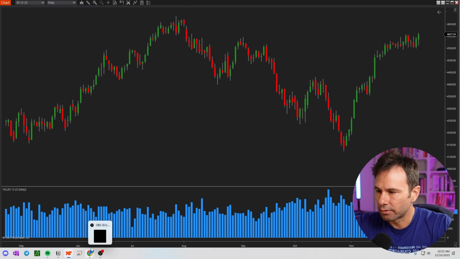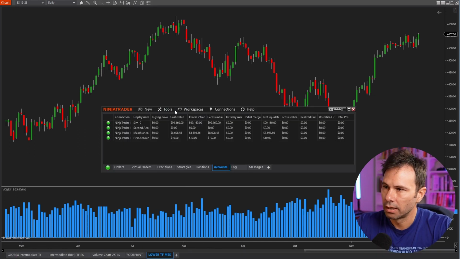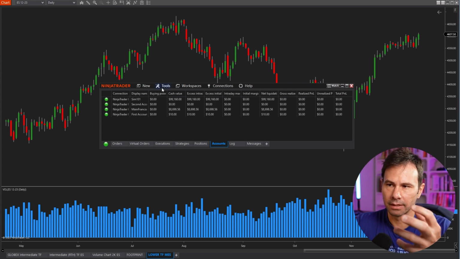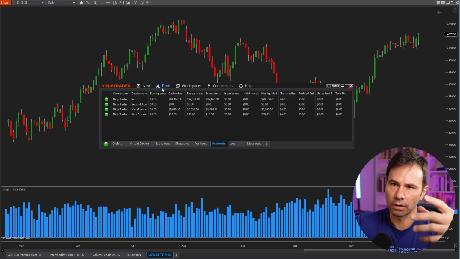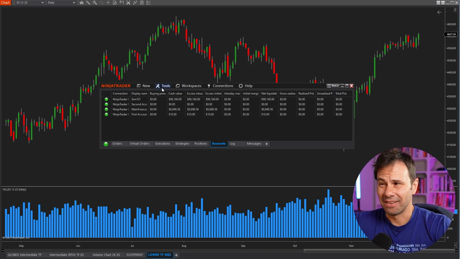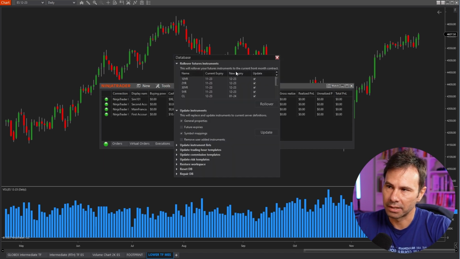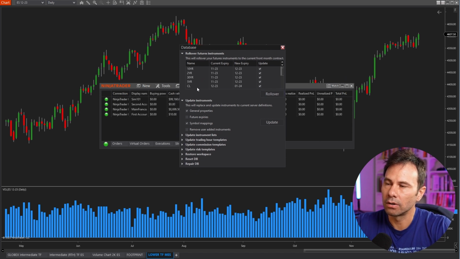Okay? Now regarding the rollover on Ninja, starting tomorrow, you will start having the pop-ups, the windows that tell you, okay, let's roll over the charts. But if you don't have that by any chance, you come here and you go to database management. So it's tools, database management, and you can see here all the rollover charts that Ninja is showing you, like the 10-year bond, its new expiration is this one, and then you update this, right?